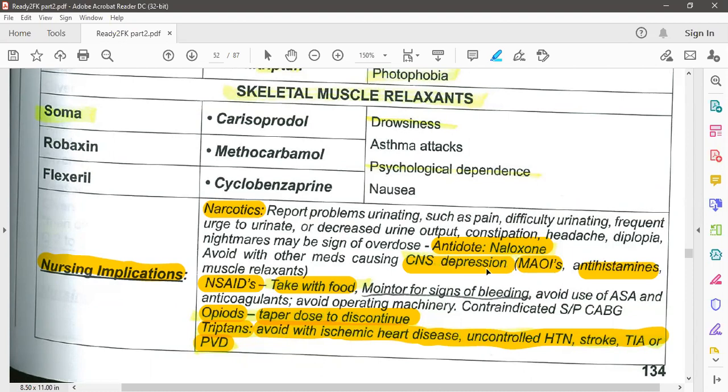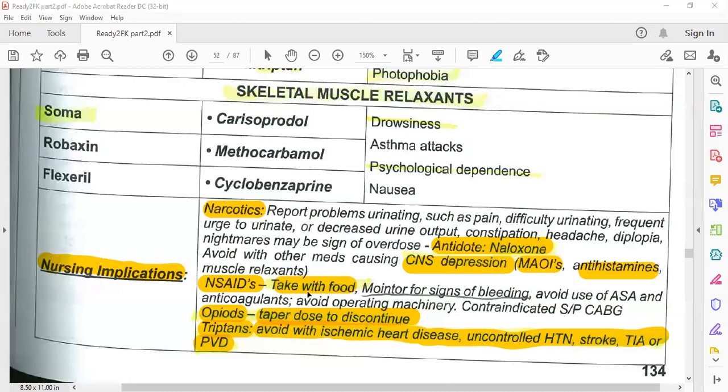Also, it is important that narcotics are not used with monoamine oxidase inhibitors or antihistamines like diphenhydramine, loratadine, cetirizine, or with muscle relaxants like cyclobenzaprine. For NSAIDs, good to take with food, monitor for signs of bleeding, and avoid aspirin and anticoagulants like warfarin, Coumadin, or heparin.